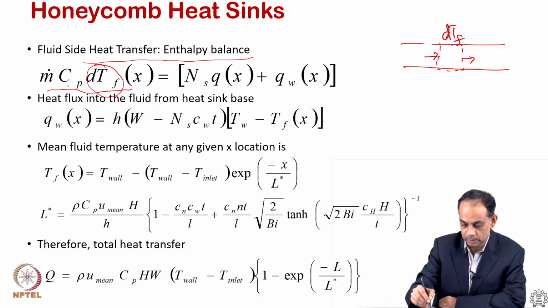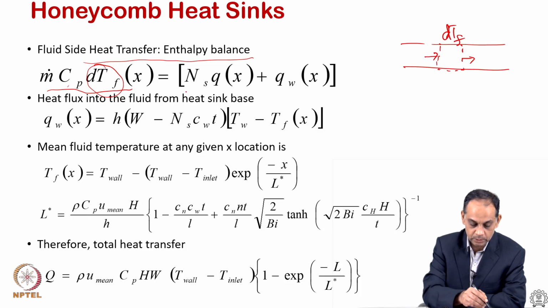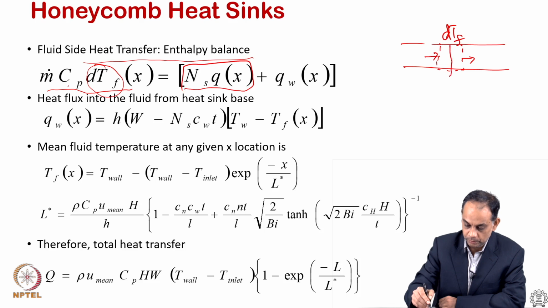dTF is this temperature rise, but it has two units of heat transfer: one contribution coming from the fins, and then there is heat transfer from the bottom of this plane, and that is what is acknowledged here, Q wall.